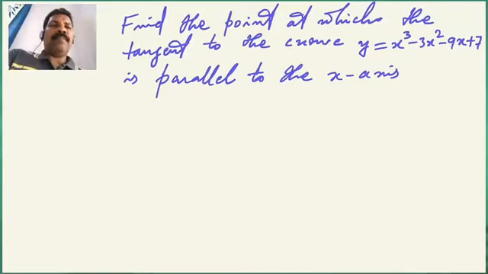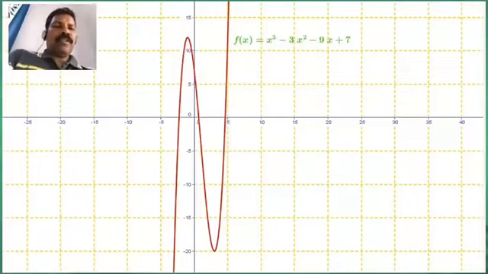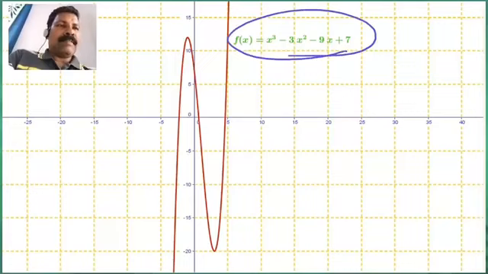Here we have to find the points at which the tangent to the curve is parallel to the x-axis. Means the tangent should be parallel to the x-axis. Now you can see this is the graph of the given function, f(x) = x cube minus 3x squared minus 9x plus 7.